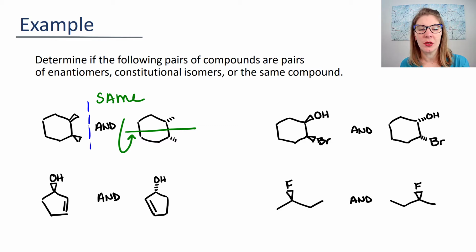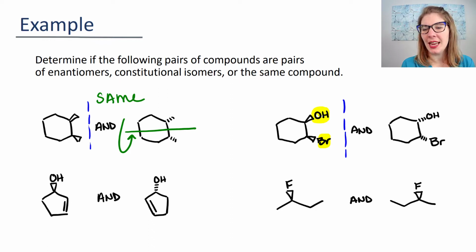For the next one, you need to look at the same type of thing. Here we have a mirror, and we've generated that second compound. The difference between the first example and this example is that these two groups attached, they're not the same group.